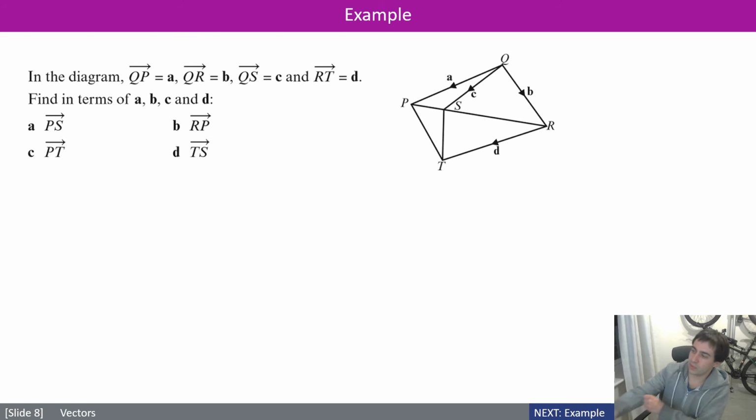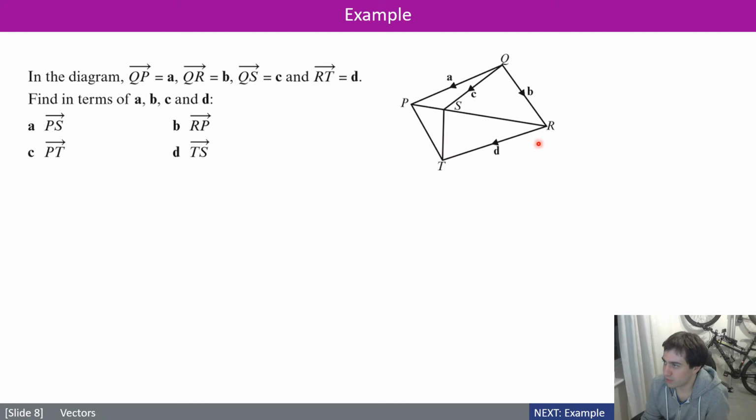Okay, so now we want to get comfortable with manipulating named vectors and finding multiple representations. So what we have here on the right hand side, we've got a diagram of various vectors going on. In some sense vectors are just sort of line segments, aren't they?